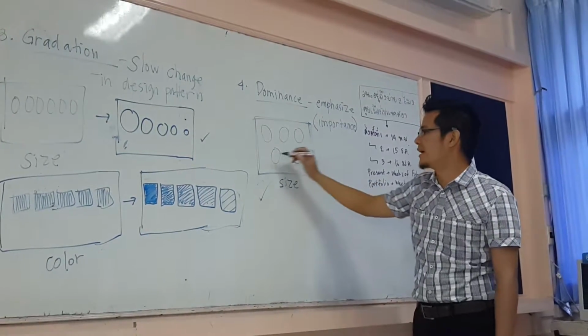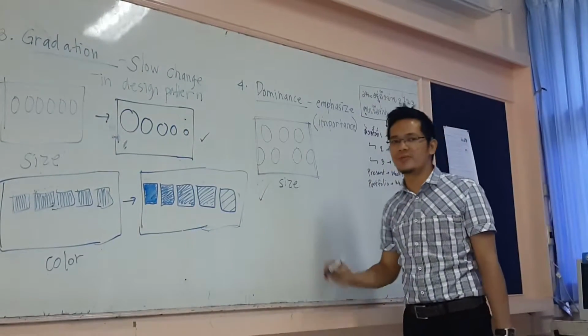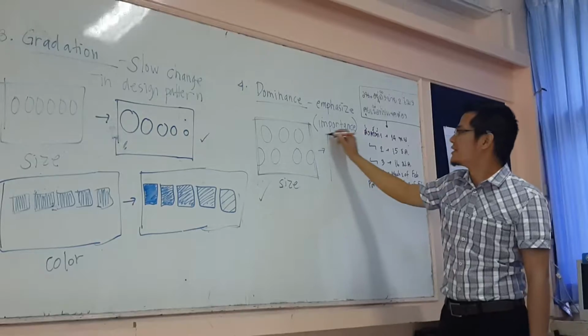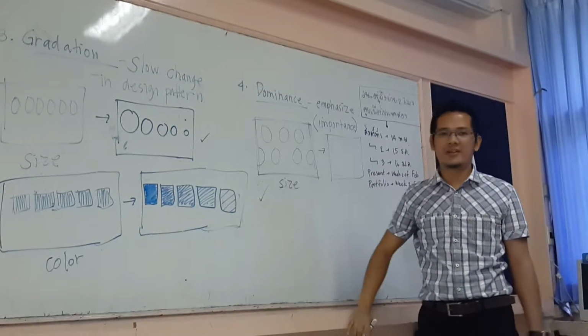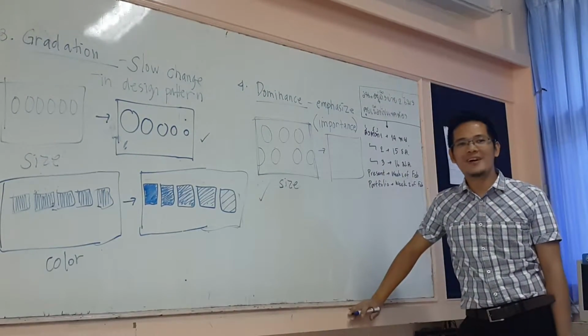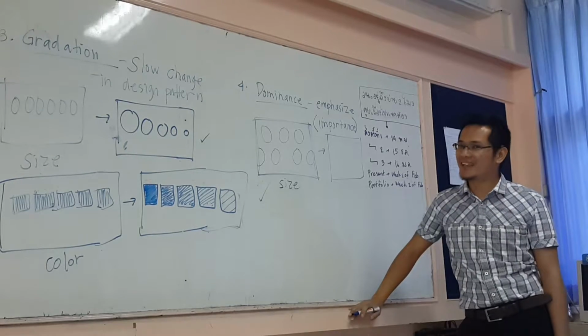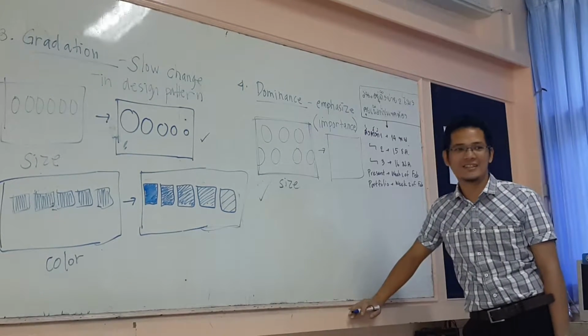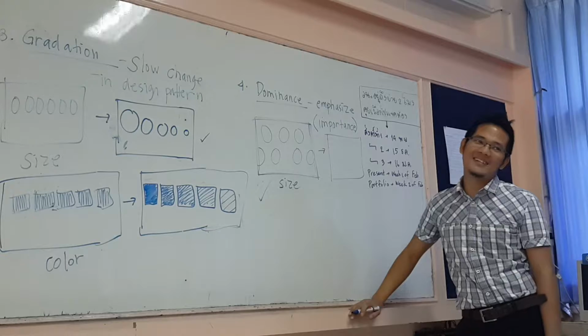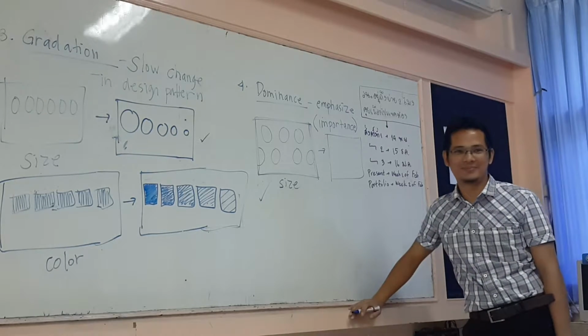So we have another pattern of circles. Who wants to do this for me? So in this picture, all the circles are the same size. I want new hands, please.